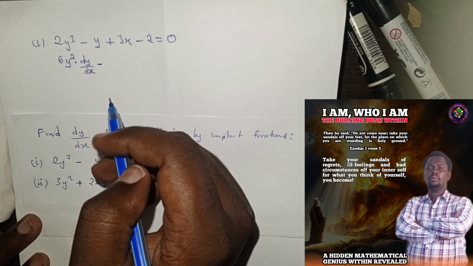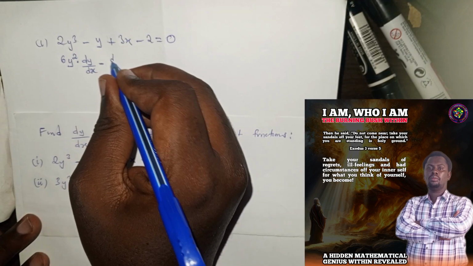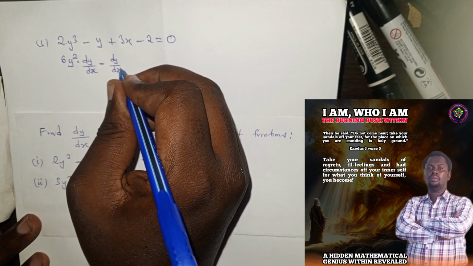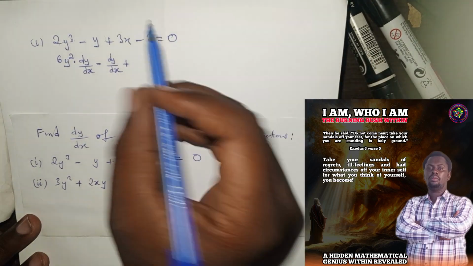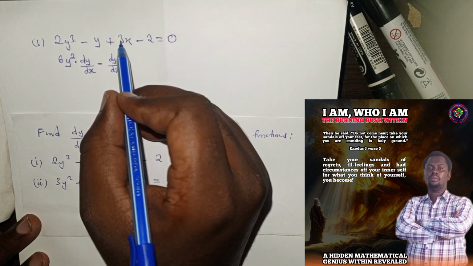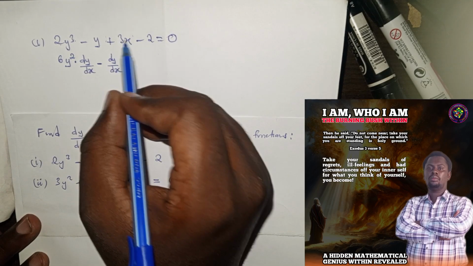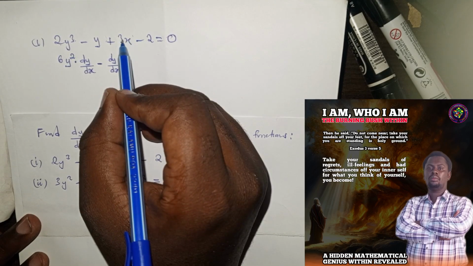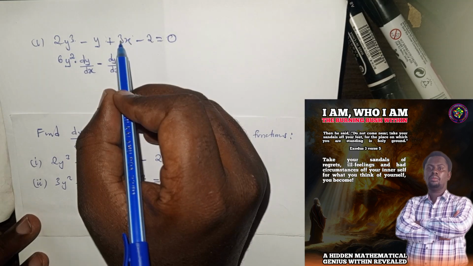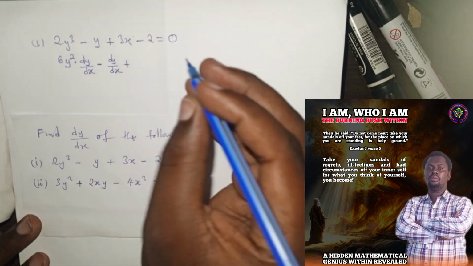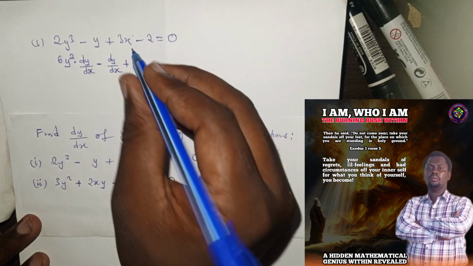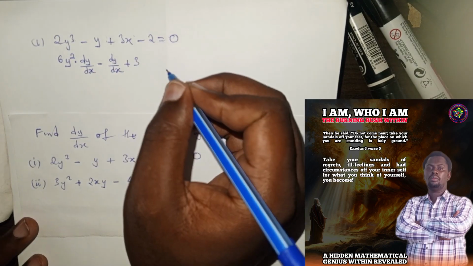So 1 multiplied by dy/dx, you get dy/dx. Plus, this one is straightforward, it is in terms of x. So this x is power 1. 1 multiplied by 3 is 3, and 1 minus 1 is 0. So you just get 3. So the derivative of 3x, you get 3.